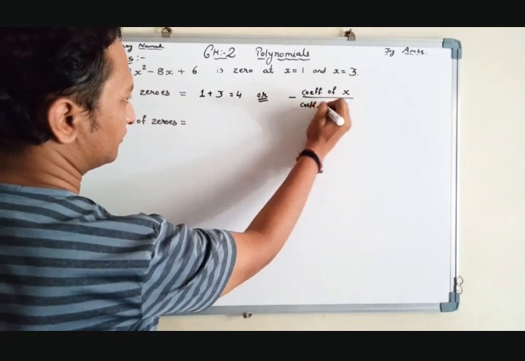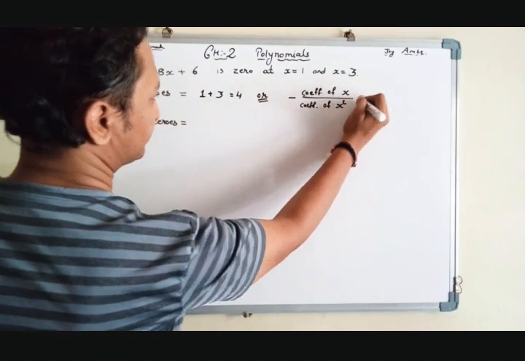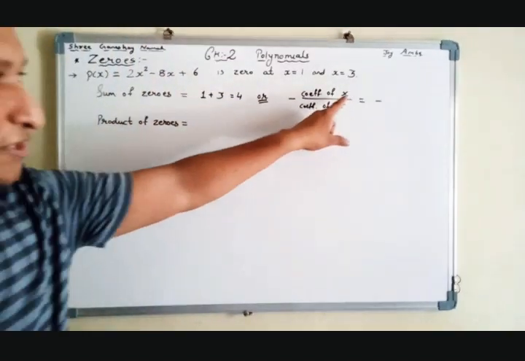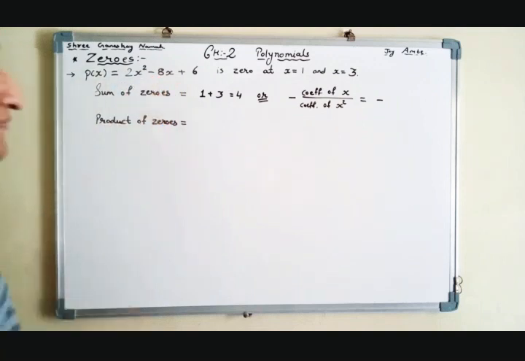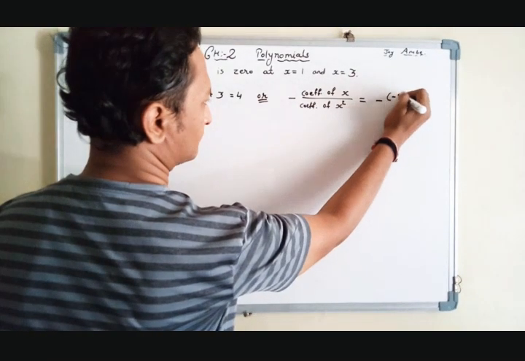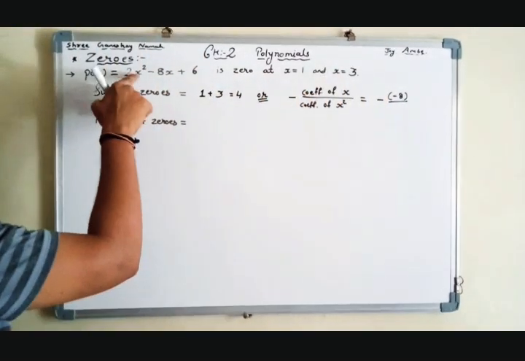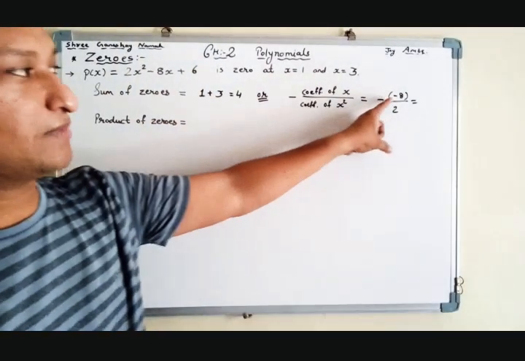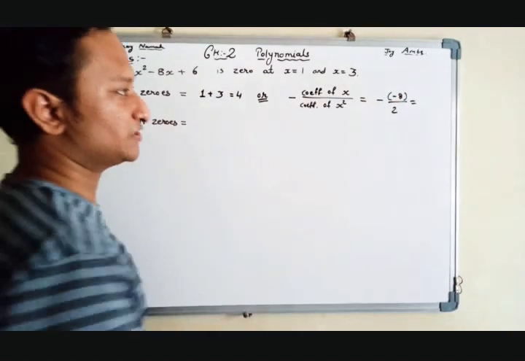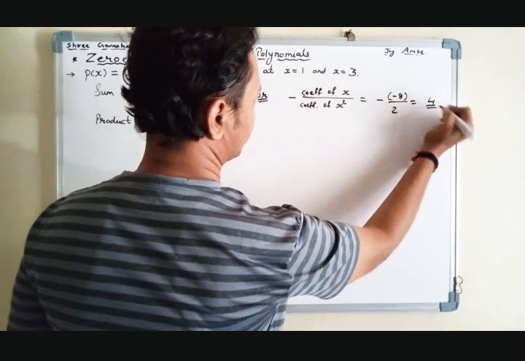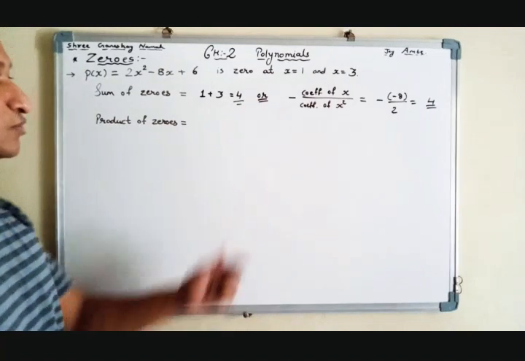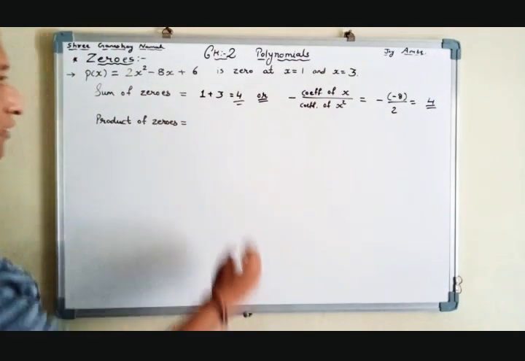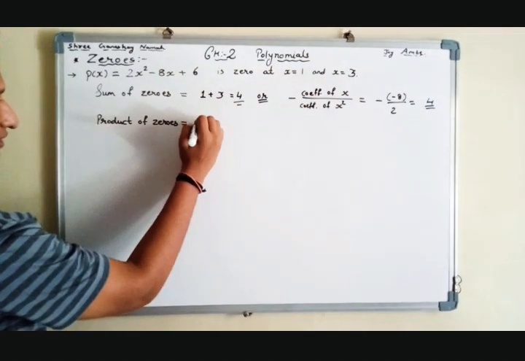So minus here. What is the coefficient of x? Minus 8. And what is the coefficient of x square? That is 2. So minus minus will become plus. 8 upon 2, that is 4. So you can see this 4 and this 4 are both the same, they must be the same. Now product of zeros. Simple: 1 multiplied by 3 is 3.